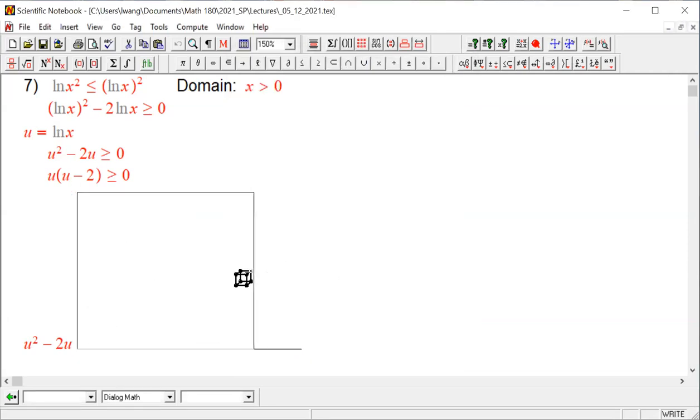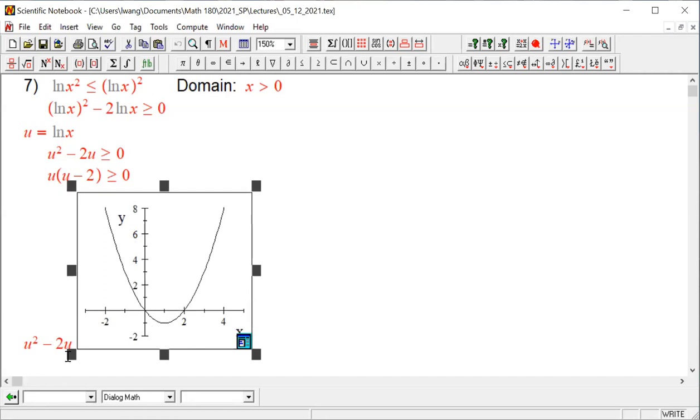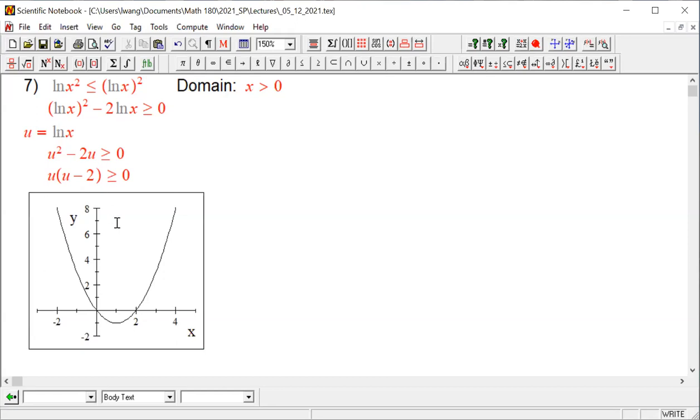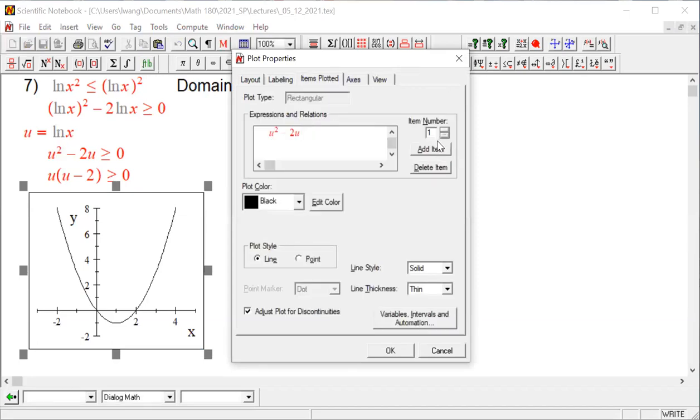Okay. So you quickly identify, because it's very easy to identify, right? So this is the curve, and we want it to be greater than or equal to 0, and the x-intercepts are very obvious. So you're gonna have these points in place, and these are going to be dots.